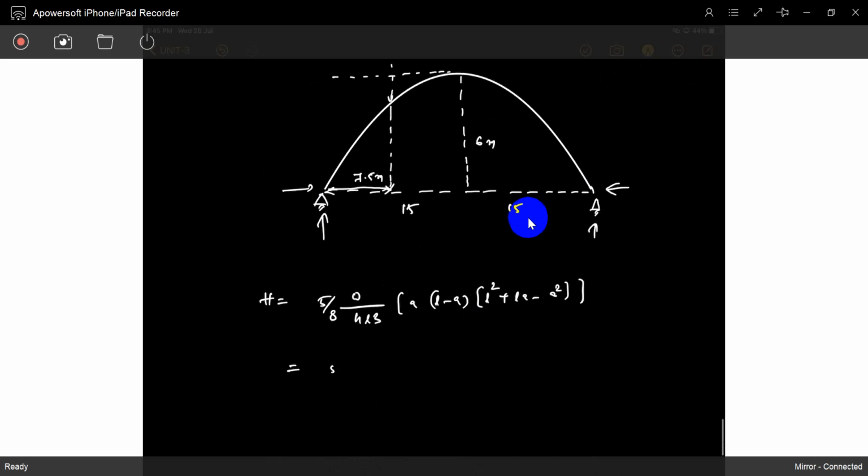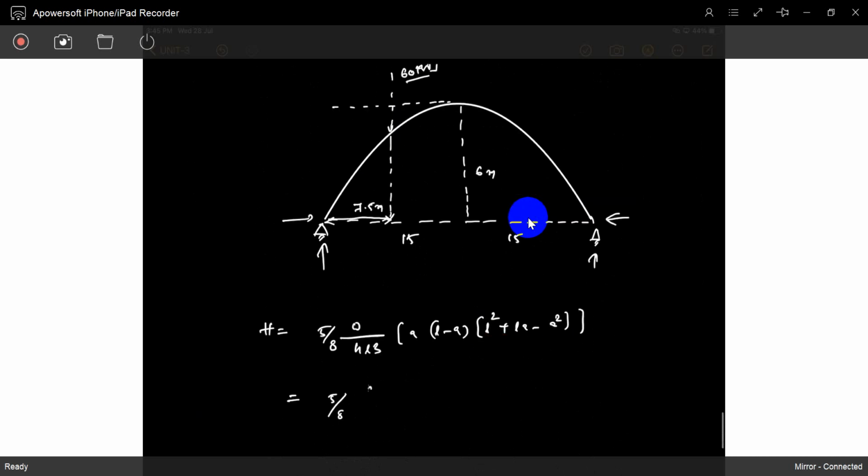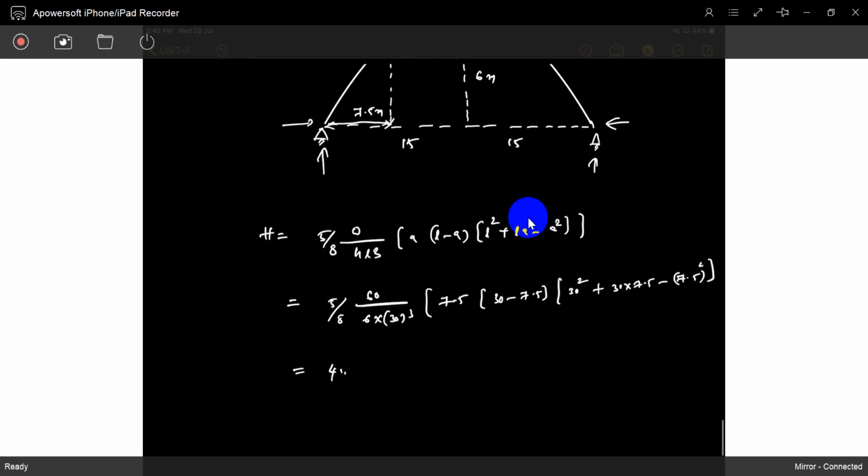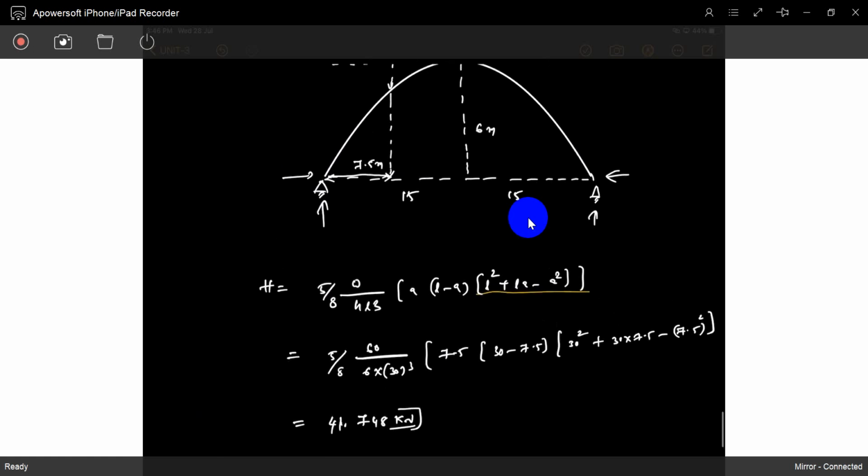So just place the values. 5 by 8, W is 60, height is 6 meters, length is 30 meters, a is 7.5, L is 30 minus 7.5, 30 square, 30 into 7.5 minus a square, which is 7.5 whole square. What value do you get? You will get 41.748 kilonewtons. That's the value.